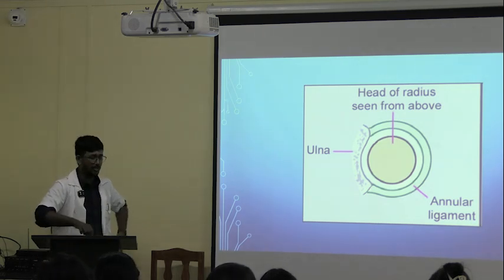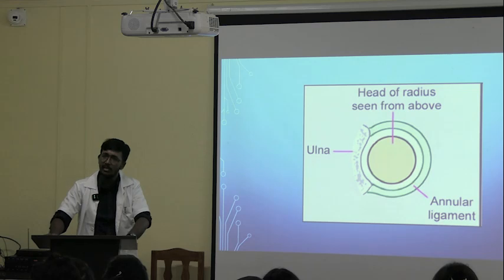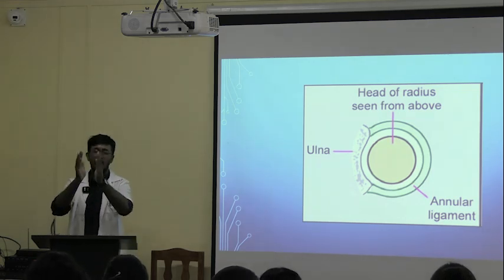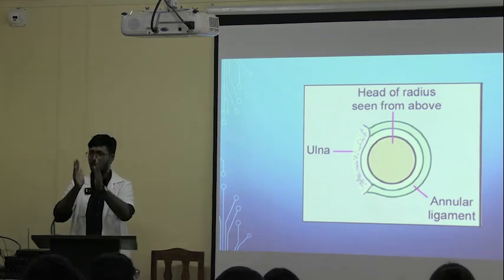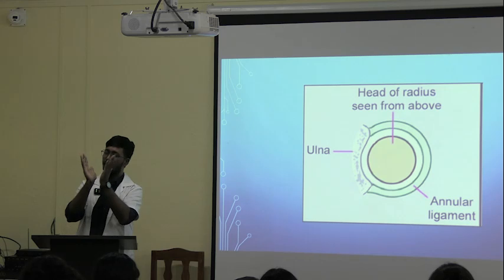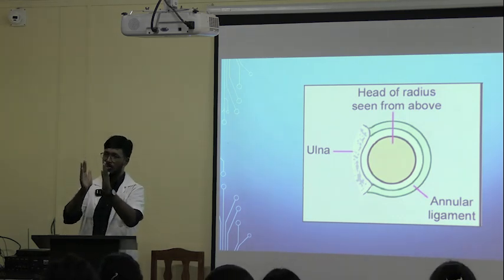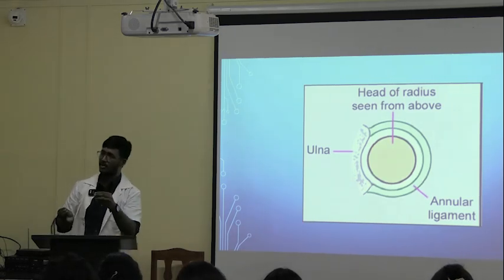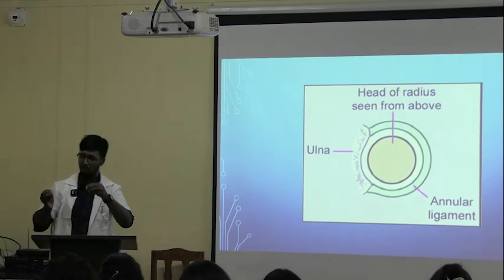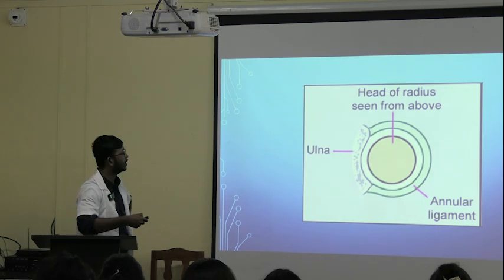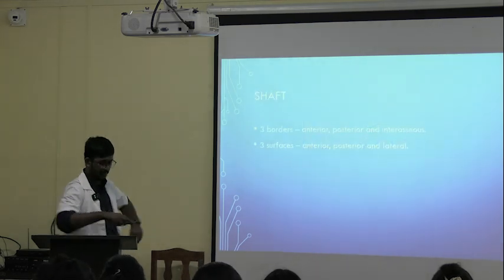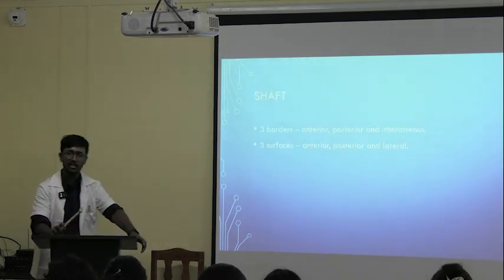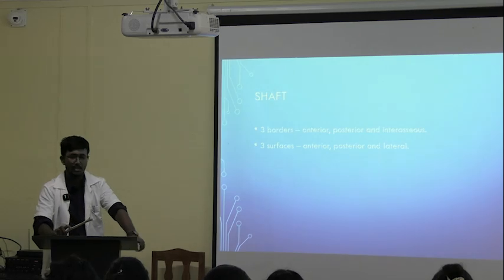So this is usually the case of pulled elbow, which occurs only in children because the annular ligament is tubular in children, but funnel shaped, cylindrical in adults. So the radius just slips out. This causes the dislodgement of the radius. Now the shaft. As I have said, the shaft has 3 borders and 3 surfaces.